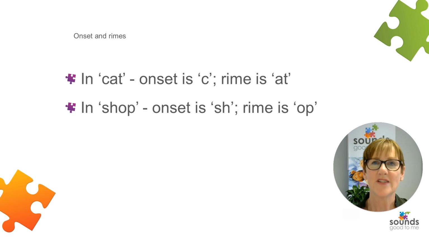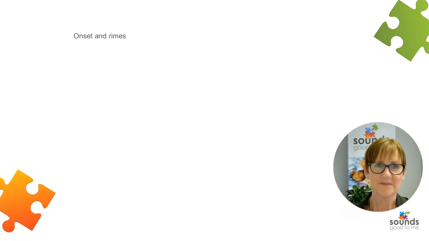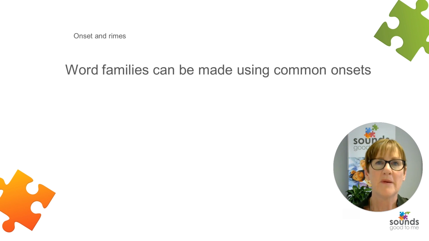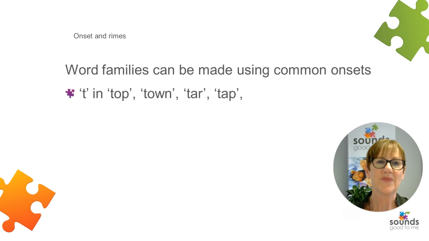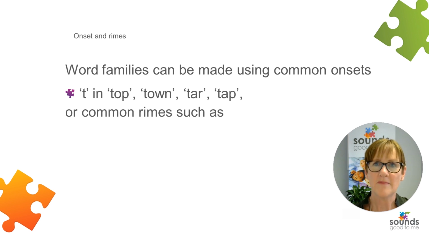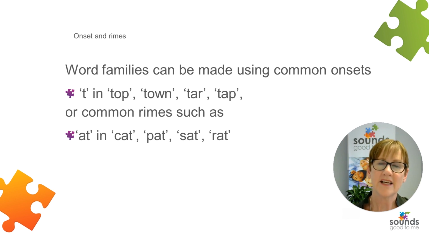In shop, the onset is sh, and the rhyme is op. Word families can be made up using common onsets, such as t in top, town, tar, and tap. Or common rhymes, such as at in cat, pat, sat, and rat. So onset and rhyme is another way of breaking down a chunk of a word into smaller parts. And these are the sorts of skills we're going to be teaching the children in Sounds Good to Me.